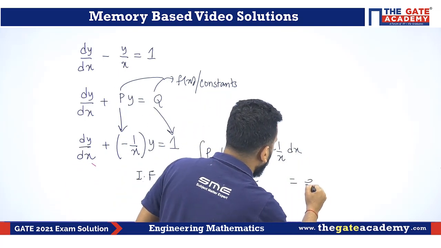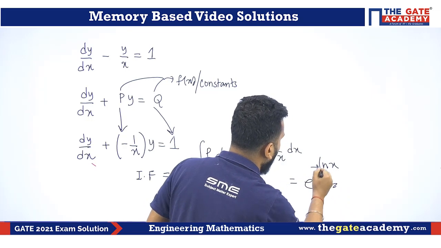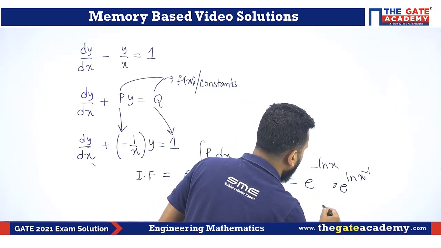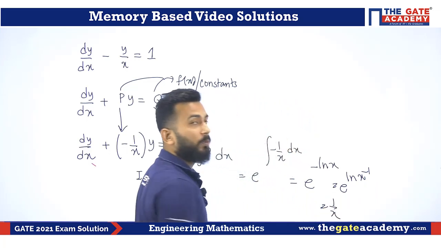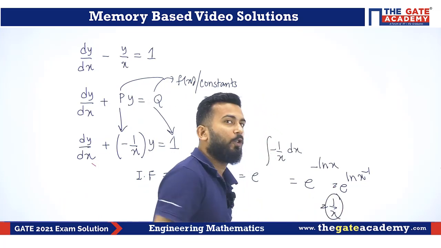It will be e to the power minus of ln x, and if you take minus there, it will be e to the power ln x inverse, or finally it will be 1 by x according to a log property. The integrating factor is coming out to be 1 by x.